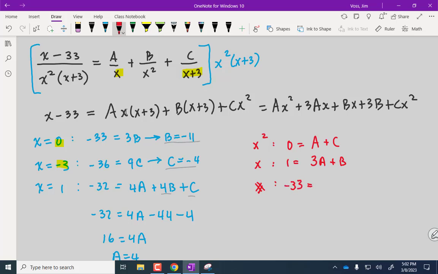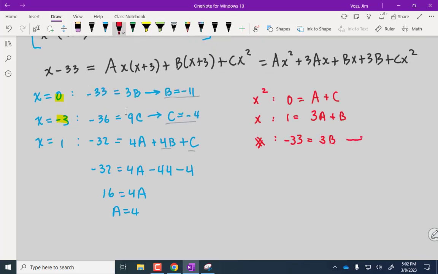Constant on the right is 3b. So this tells us that b is negative 11. Plug in negative 11 right there. Add it over here, we get 12. 12 divided by 3, that's going to give a is 4. And then plug 4 in up there, and that's going to be c equals negative 4.